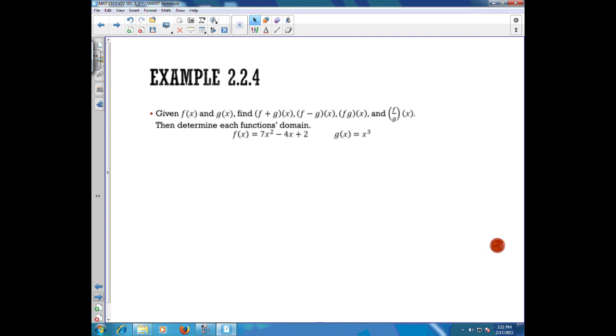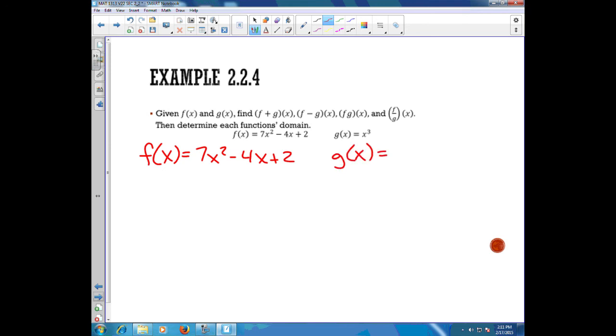So let's try this. We've got two functions, and we want to determine f plus g, f minus g, f times g, and f divided by g. And as we go through, we're going to determine their domains. So the first thing we should do is find the domain of f of x, which is 7x squared minus 4x plus 2, and the domain of g of x.